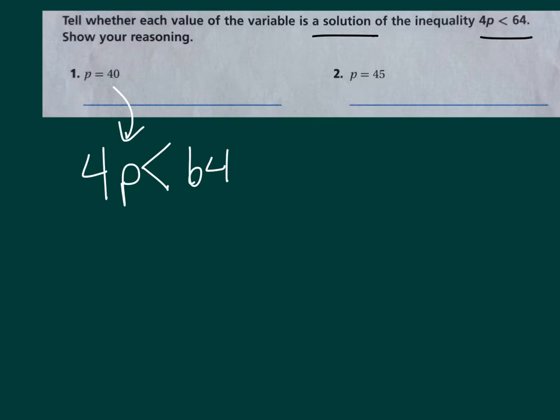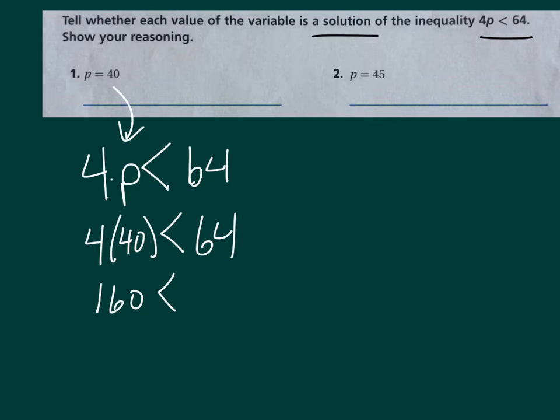This is 4 times p. So 4 times 40 is 160, less than 64. We know that is not true. Therefore, 40 is not a solution.